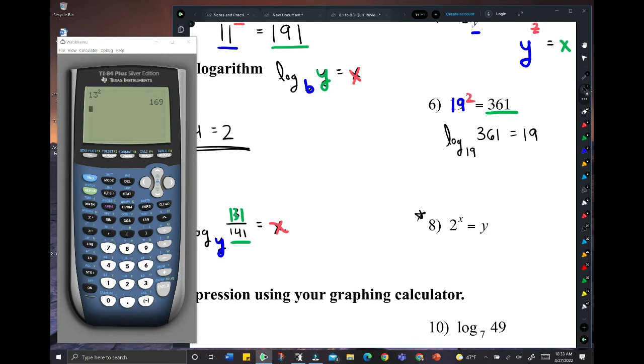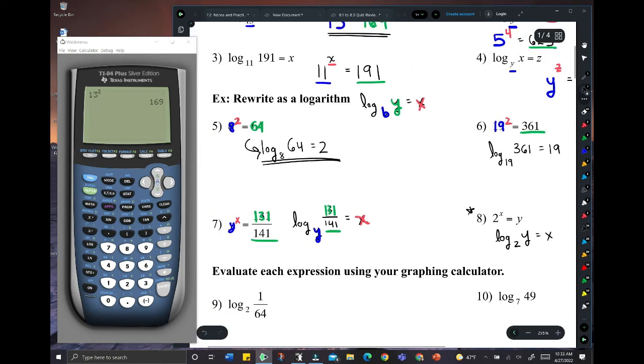Once again, pause if you need to. Try out number 8. I'll take care of it here. And that is the answer. So going backwards, rewriting, that's the one challenge for today.